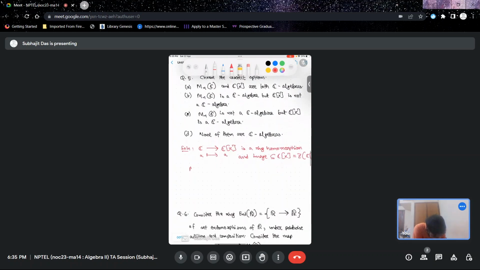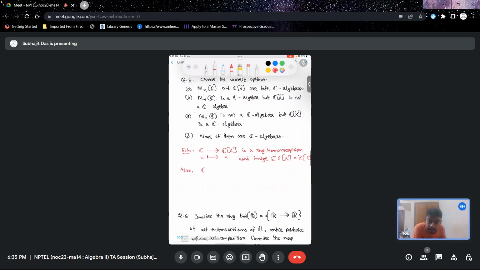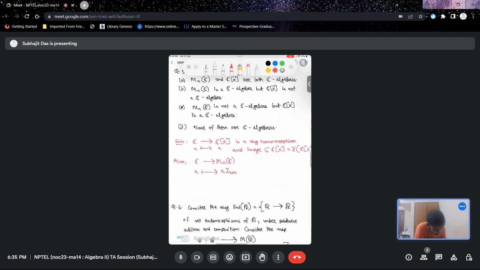On the other hand, the arrow from C to M_n(C), sending every a onto a times the identity matrix, is a ring homomorphism.